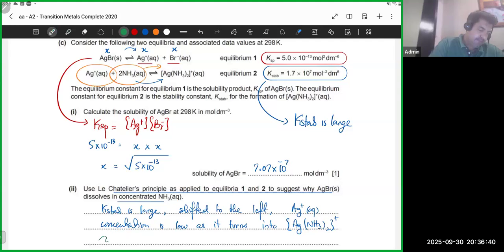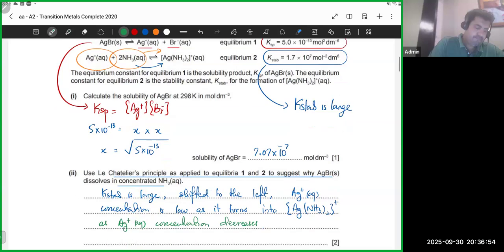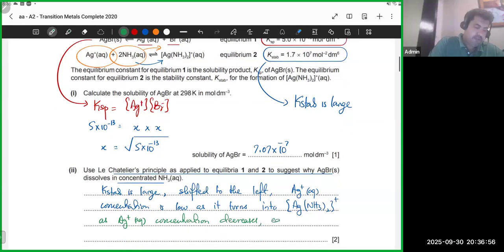So as Ag+1 aqueous concentration decreases, because most of it combines with ammonia, equilibrium number 1 will shift to the right to produce more Ag+1.